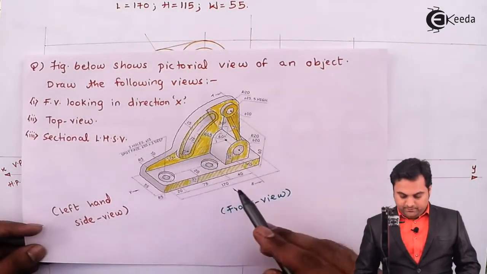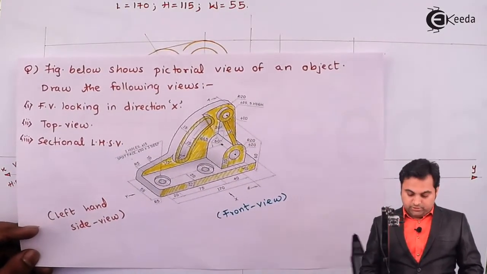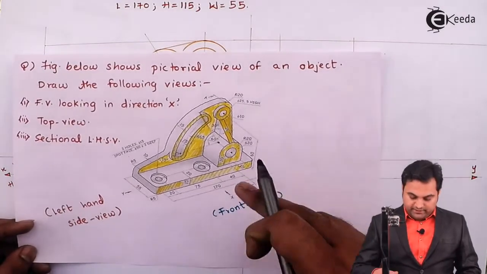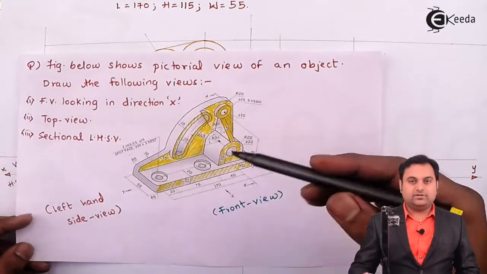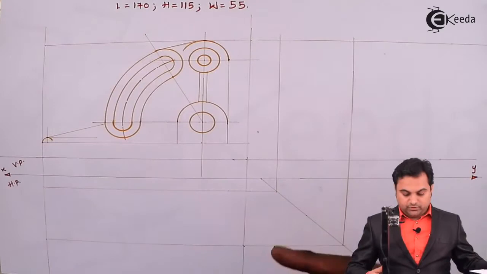This much is the visible part which I have shaded. So at first I have to make these parts dark. So let us start with making them dark.